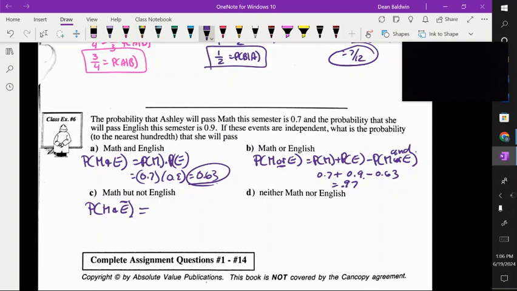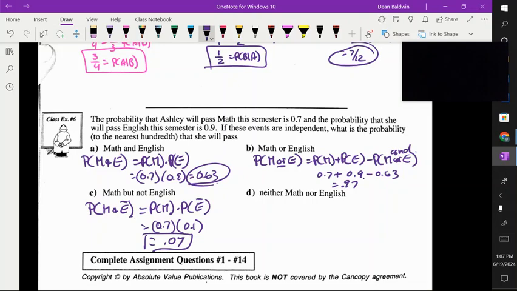So the probability of math times the probability she fails English, which is the complement. Probability she passes math is 0.7. What's the complement of passing English? There's a 90% chance she passes, or 0.9. So the opposite of that, failing, there's a 10% chance she fails, or 0.1. There's a 7% chance she passes math but fails English.